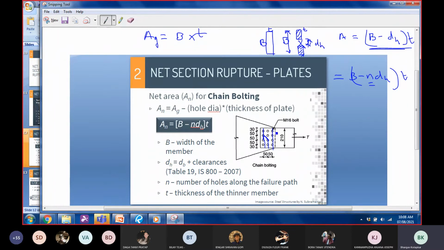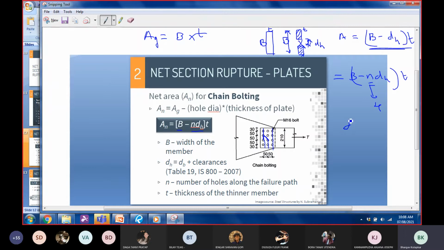If we take this example, here we have 1, 2, 3, 4. In that case, n would be 4. Okay, so net area is gross area minus hole diameter times thickness of plate. If we simplify it, we get b minus n times dh times thickness.